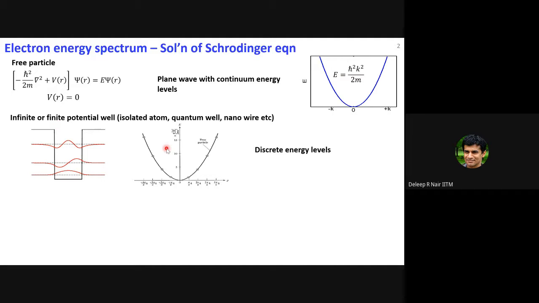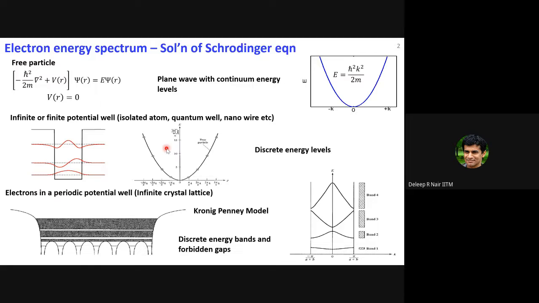Now let us move forward and take the case of an infinite crystal, where the atoms are arranged in a regular lattice. Here a free electron sees a periodic potential well, right? The potential wells are Coulombic in nature.